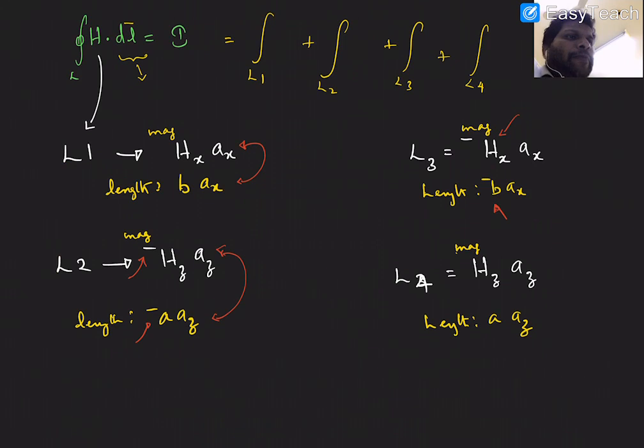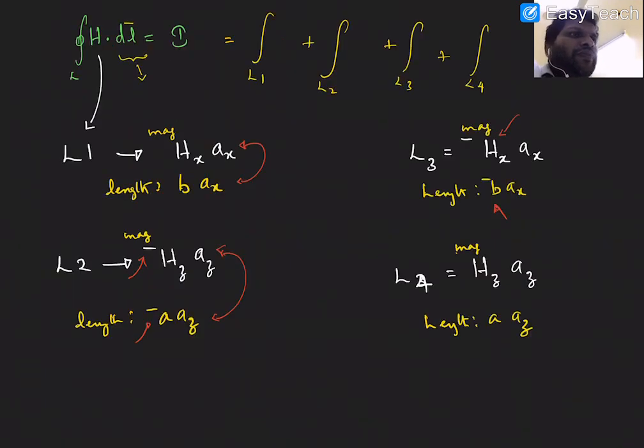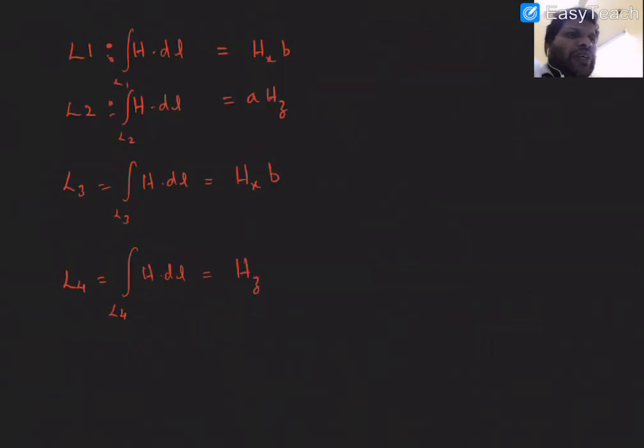Now along L4, H dot dl will be equal to Hz into A. So the second one I will write like this, Hz into A. You can see there are common terms: Hx into B and Hx into B, then Hz into A and Hz into A.